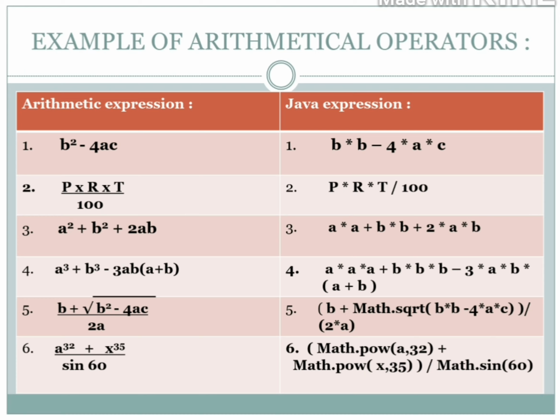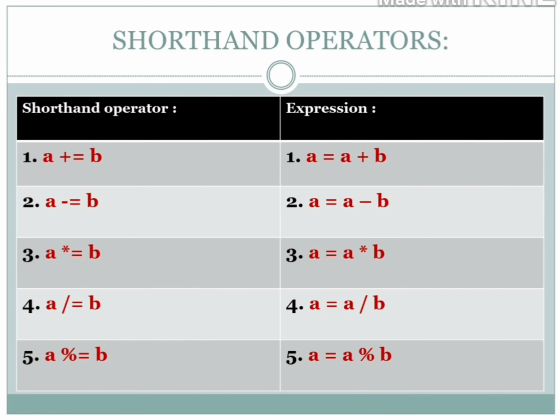And if I am using other variables, for example x to the power 35, then we have to use the power function. If I am writing e to the power, it is the exponent, Math.exp. And these kinds of expressions come in the paper also, that's why concentrate on this topic. Then we are having shorthand operators.